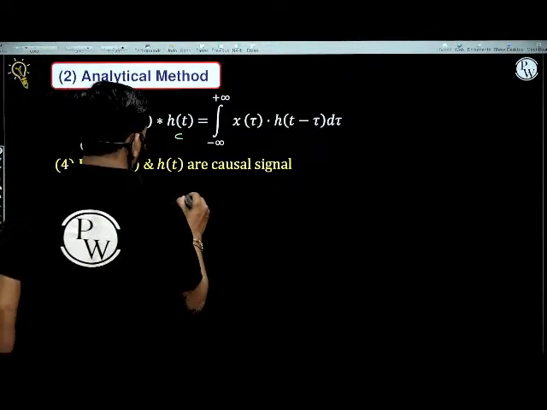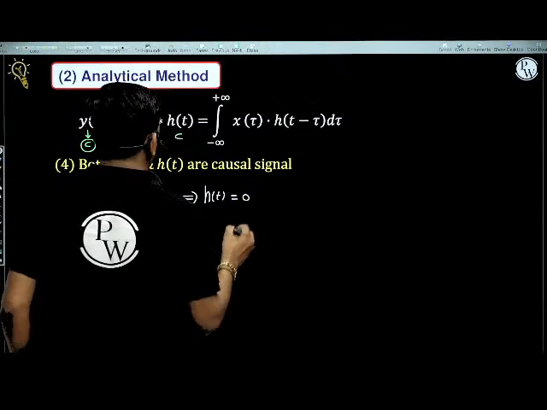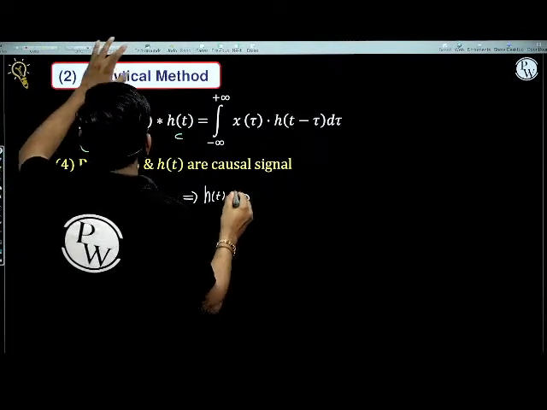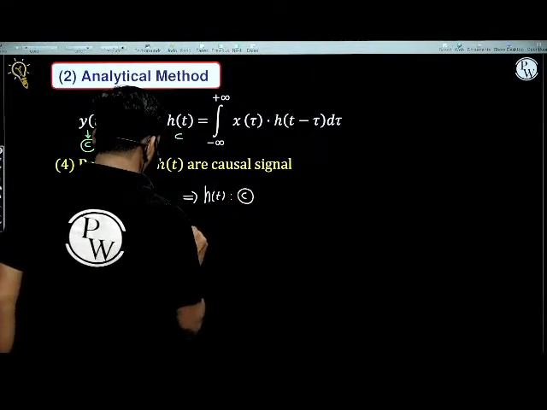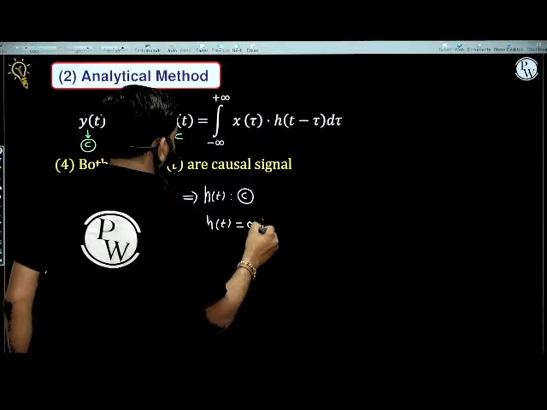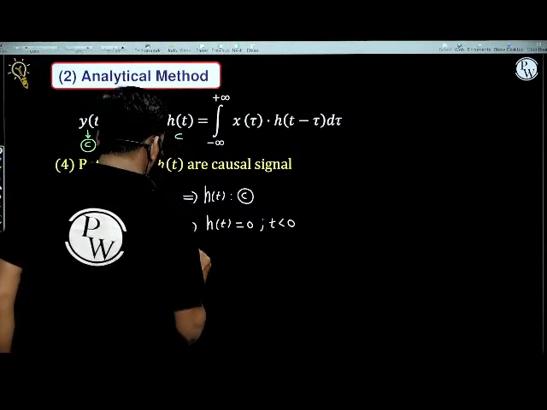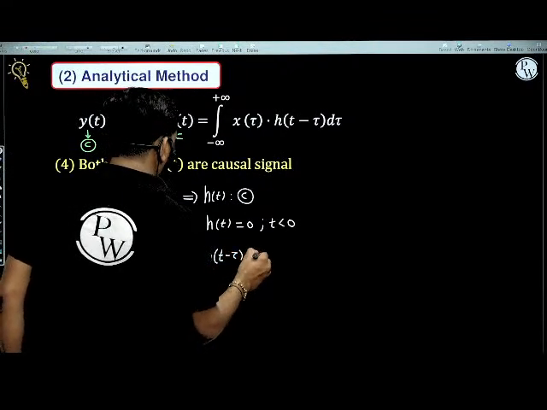Fine. And h of t is also causal, so h of t is 0 for t less than 0. And here h of t minus tau, so replace t with t minus tau. So it is 0.